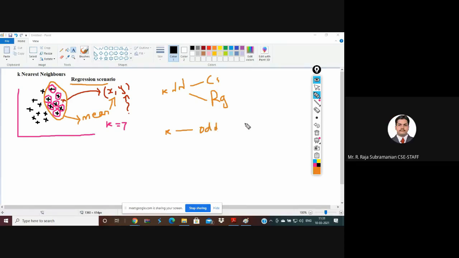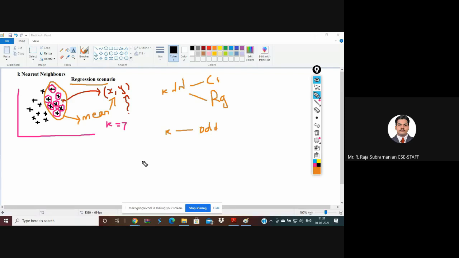Because if I select k value equal to 6, and 3 people are saying that it belongs to gray, and 3 people are saying it belongs to black, then there will be a tie. Who will break the tie? So if I take some odd value, surely one side will have more, and I'll take the maximum one and say that particular thing will be better, right? So k value should always be odd.